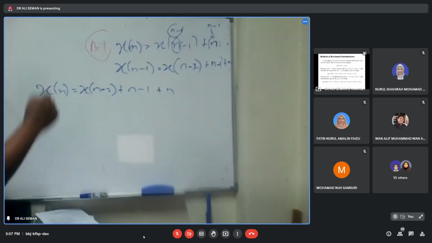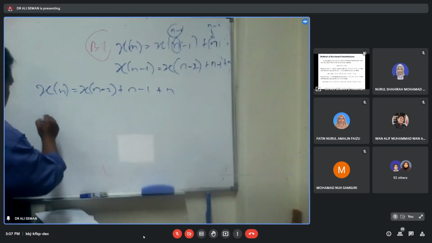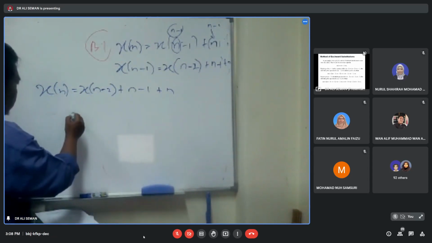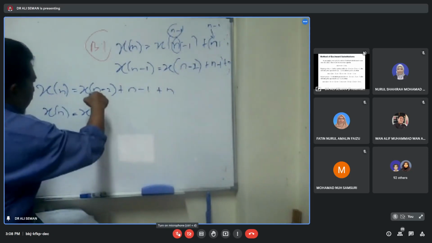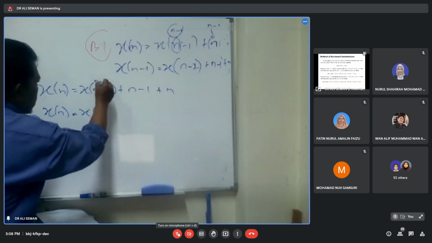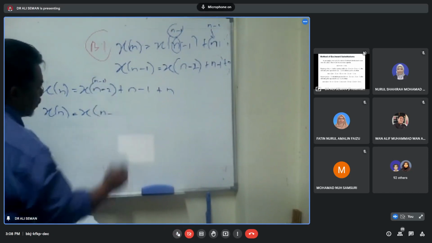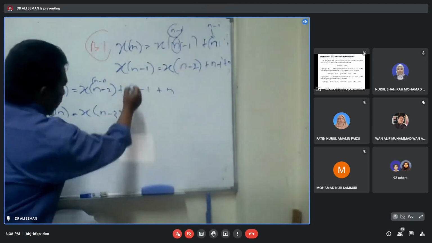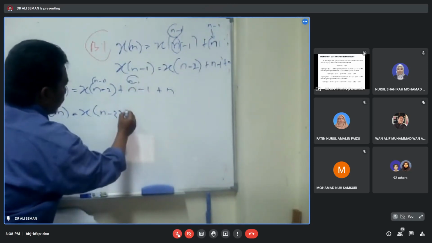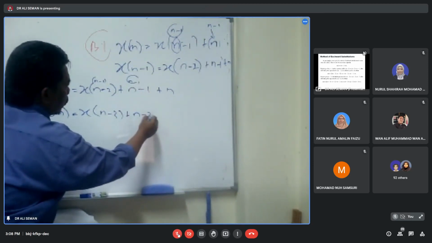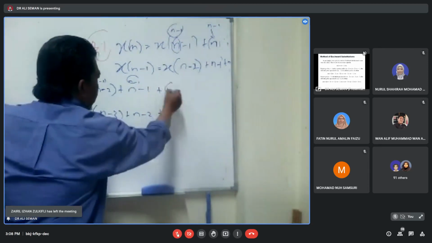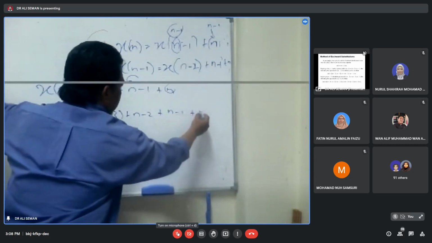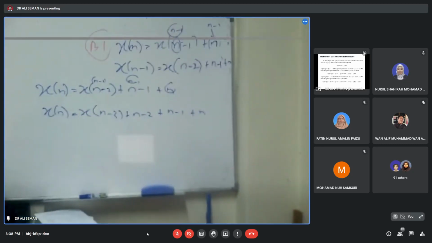Okay, this is the recurrence. If we increase again, n minus 1 again, so this becomes x of n in this recurrent form, x of n minus 3 here, and here n minus 1, plus n minus 2, right? Plus n minus 1, plus n. This is the recurrence. Understand or not?